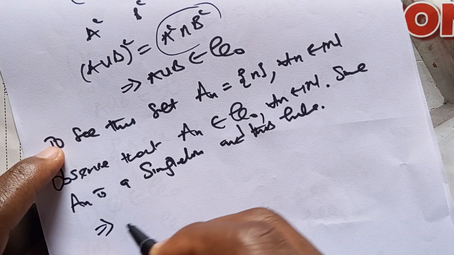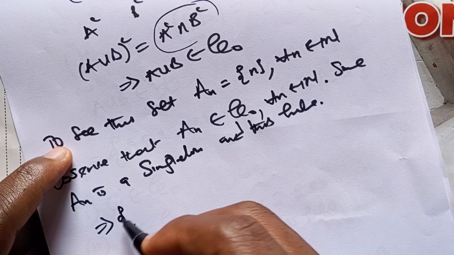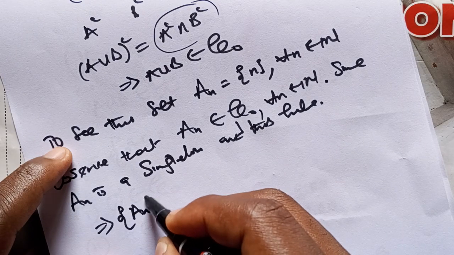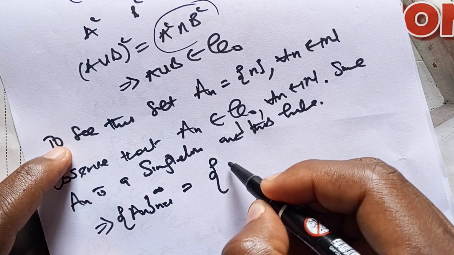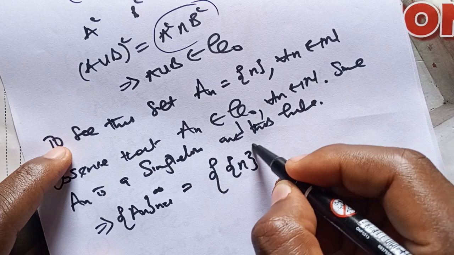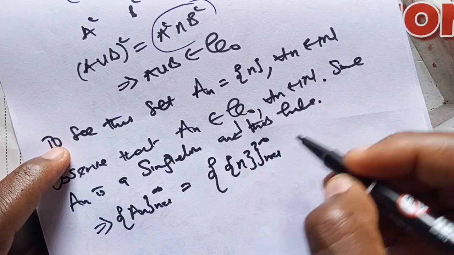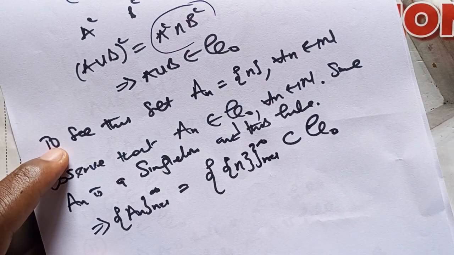So this implies now that the sequence {A_n}, n equal to 1 to infinity, which is the sequence of this singleton {n}, n equal to 1 to infinity, is a subset of what? A naught.